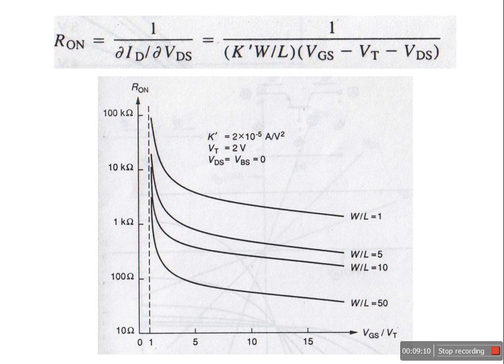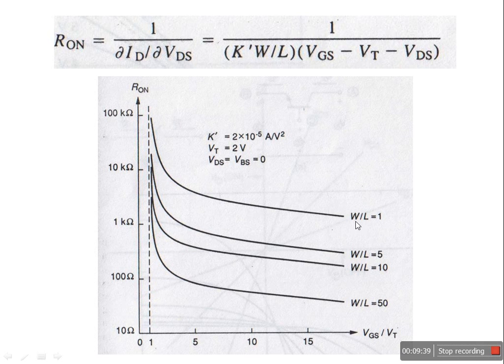So below the value of 1, there is infinite resistance between drain and source, or you can say the terminals A and B of the switch. The current will start flowing only when VGS is greater than VT, or when VGS over VT is greater than 1.